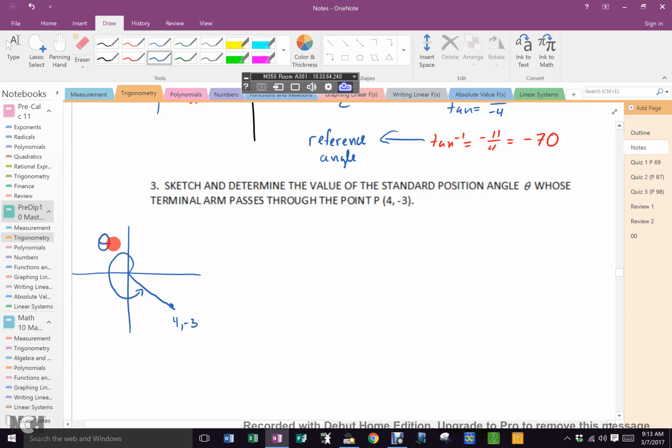It's way out here, right? And when we do our math, what angle are we going to get? We're going to get this red theta in here, aren't we? So how are we going to find big theta? I'm leaving it at that. That's what you got to figure out. Okay? So you're going to need to do a few bits of math to do this. What's the first thing?